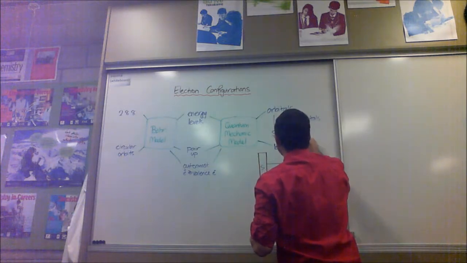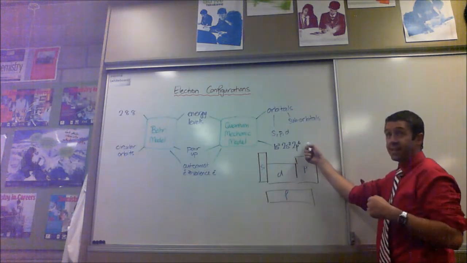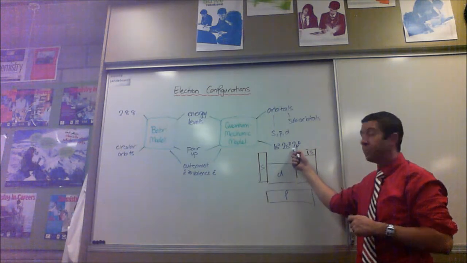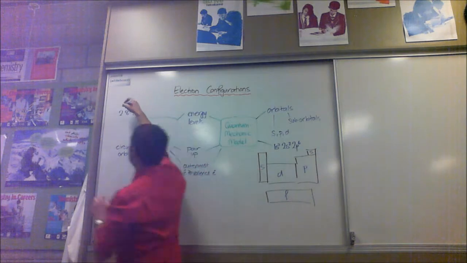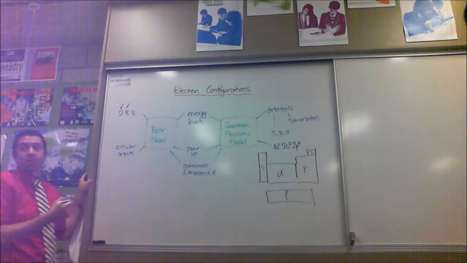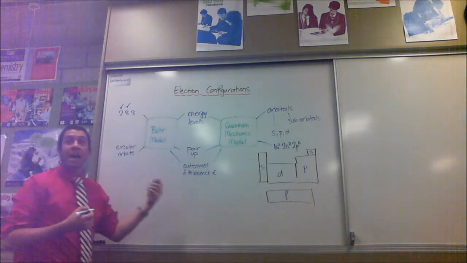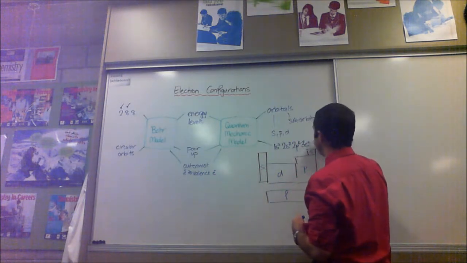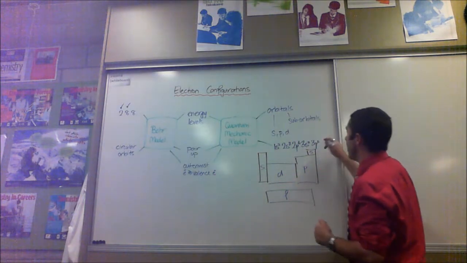Then it goes 2p6. 6 electrons in the p orbital in the second energy level. So we're up to 2 and 8. And then it just follows the same pattern. 3s2, 3p6.